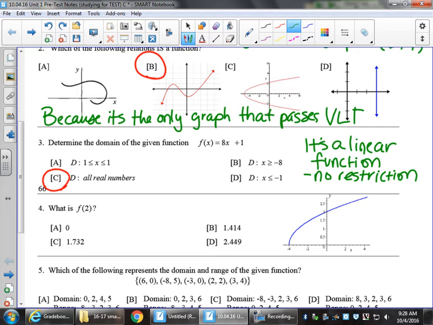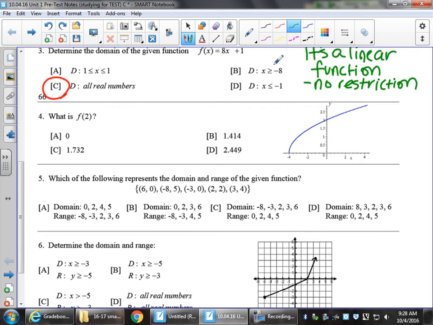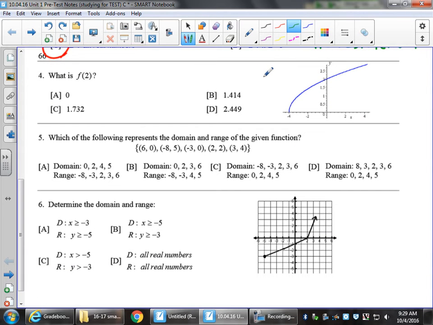Is that giving me an x value or a y value? We're not sure. Good job. F of 2 is giving me an x value. It's saying when x is 2, where's y? So I come over here, x is 2.